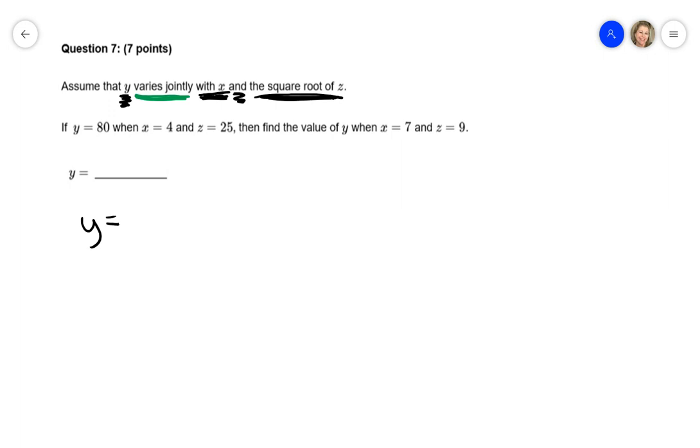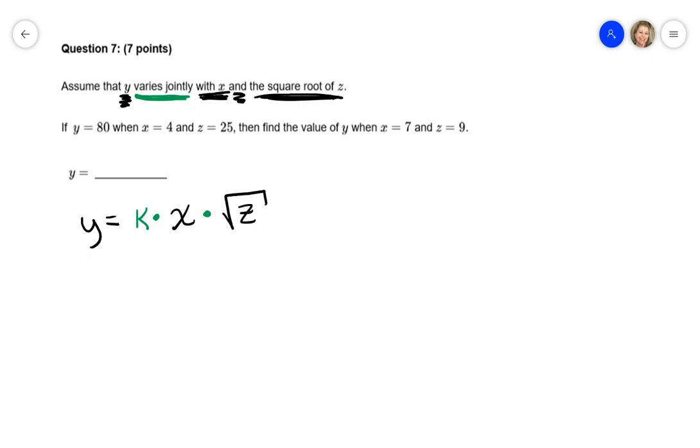Whenever it says that, that means that there is going to be what they call a constant of proportionality, and that is going to get multiplied onto not only x, but also onto the square root of z.